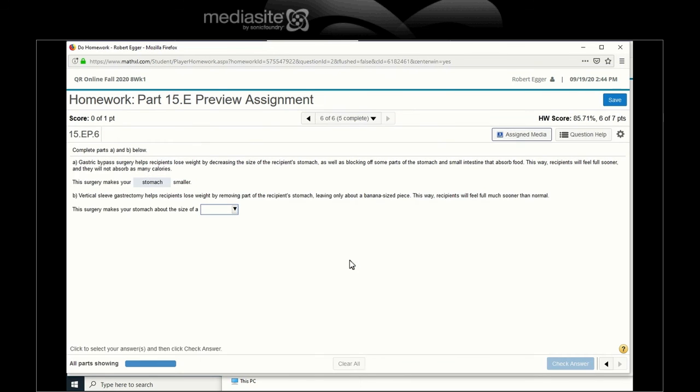The vertical sleeve one works by removing parts of the stomach, leaving only a banana-sized piece. This way, recipients will feel full much sooner. This surgery makes your stomach about the size of a... Oh, wow. Gee, I don't know. I'm going to go with banana.